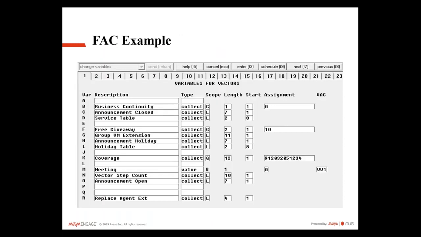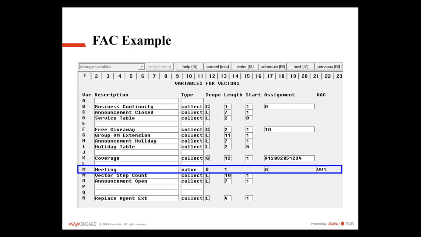And then the last example would be the meeting. So this is, again, if you didn't have an agent ID that you wanted to log in, if you wanted to give them a different option, to give them a variable access code to change that value instead of logging in or even doing business continuity the other way.